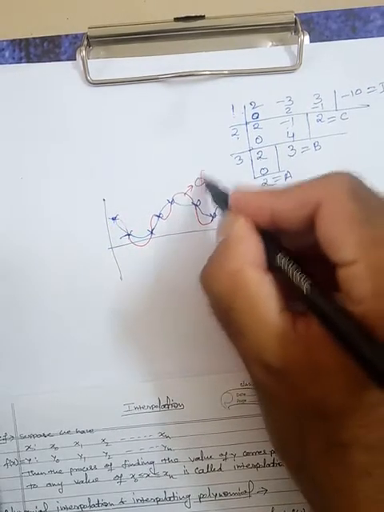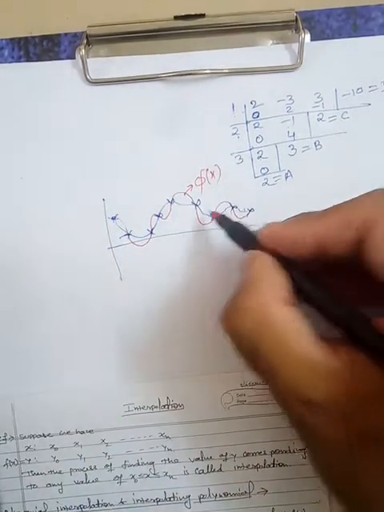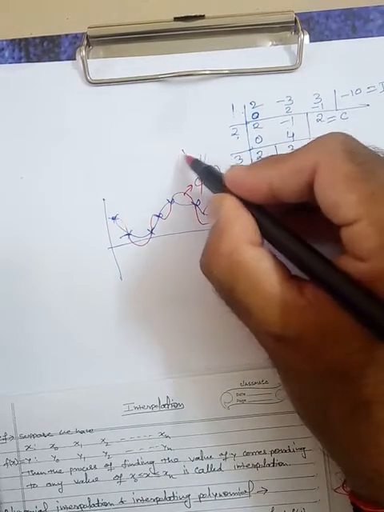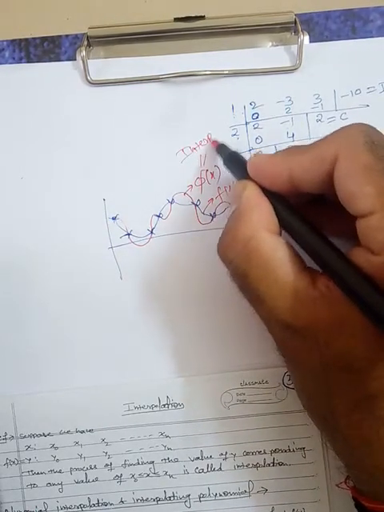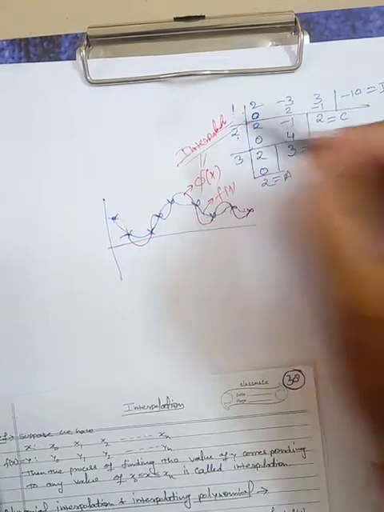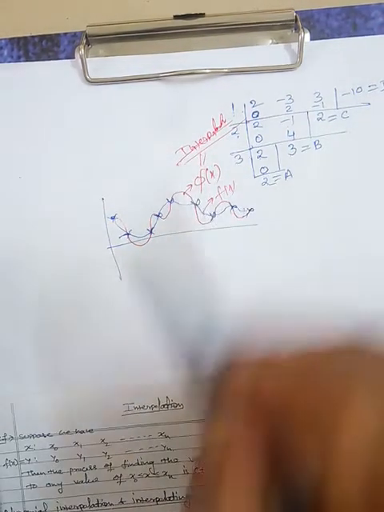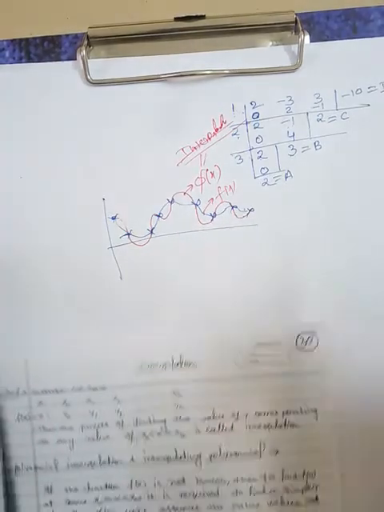This is our phi of x, this is f of x, this is the interpolating polynomial. We have already covered this. So now the aim is to find out this phi of x, for which we have different formulae.